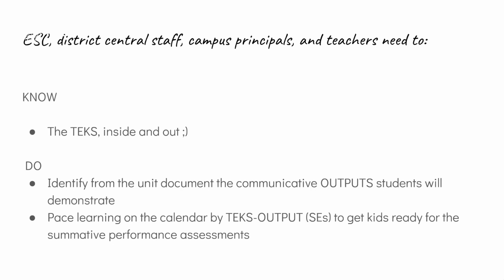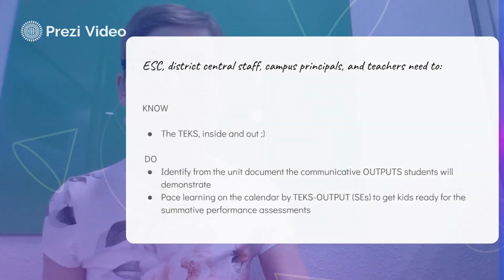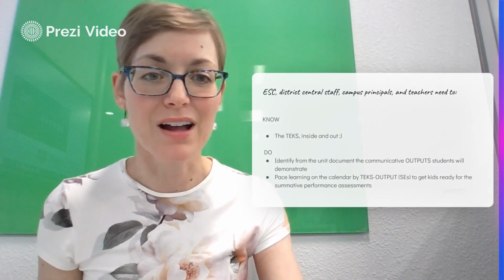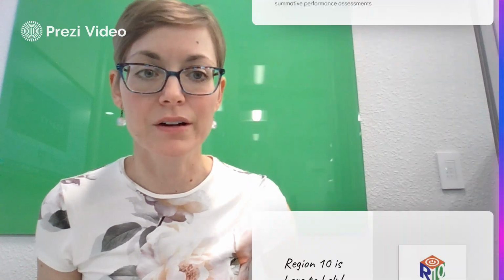For example, interpersonal, ask and answer questions about who they are and what they like in an oral conversation. Got to be able to identify that. And then we've got to be able to pace the learning so kids can do that by the end of the unit on the planning calendar, right? We're going to plan with our TEKS on the calendar, not topics on the calendar.